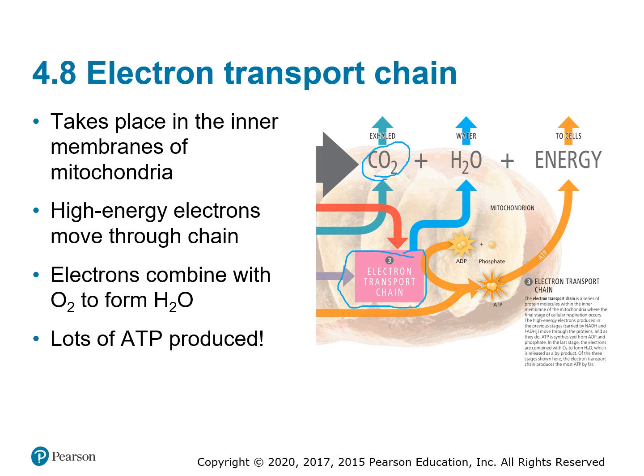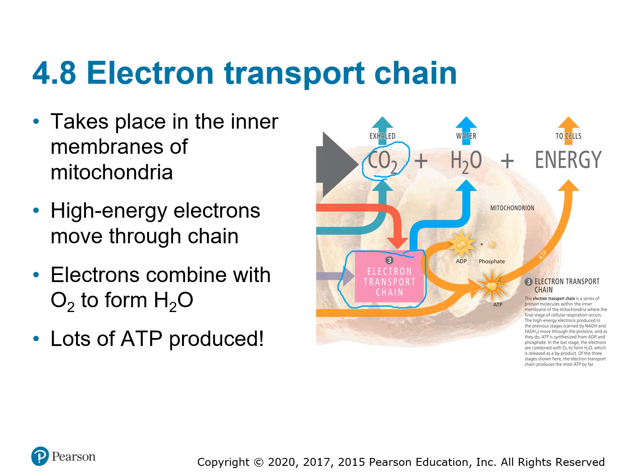High energy electrons move through the chain from high energy to low. Energy is released. The final electron acceptor, which is probably a review question for the electron transport chain, is oxygen. Oxygen picks up electrons and protons to form water, and in this process, lots of ATP are produced.